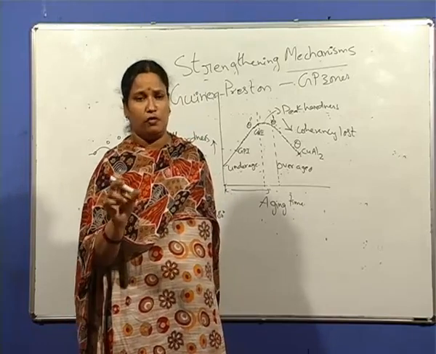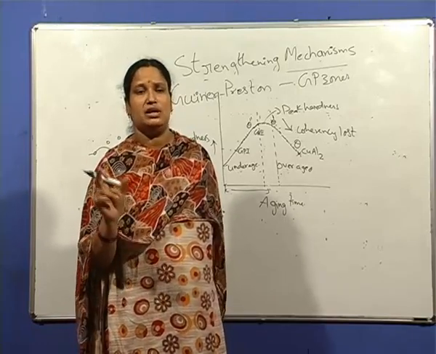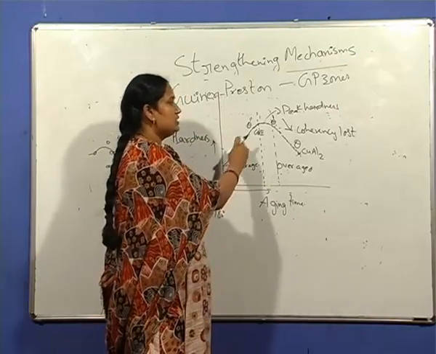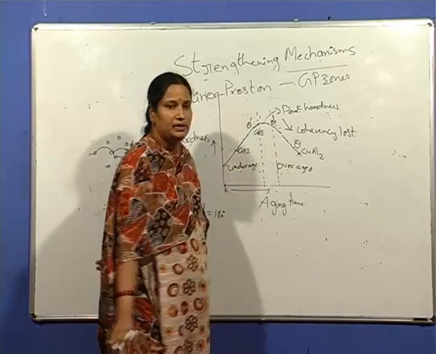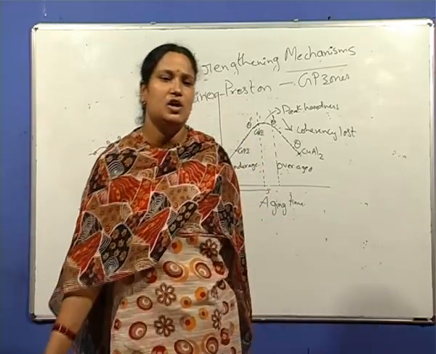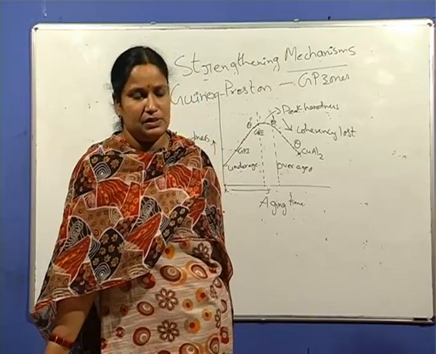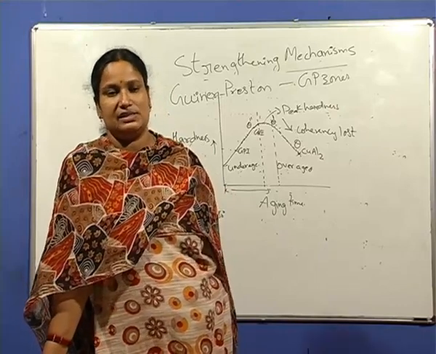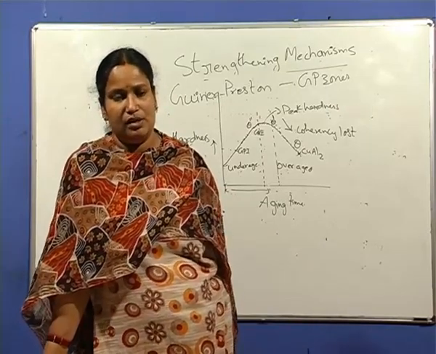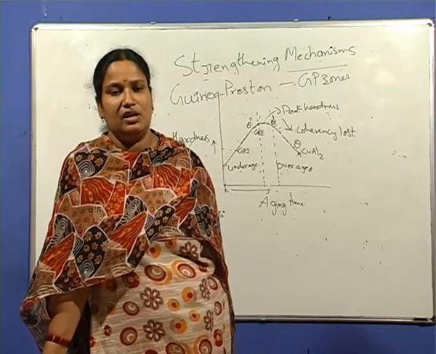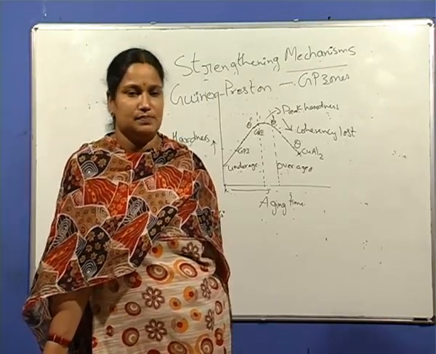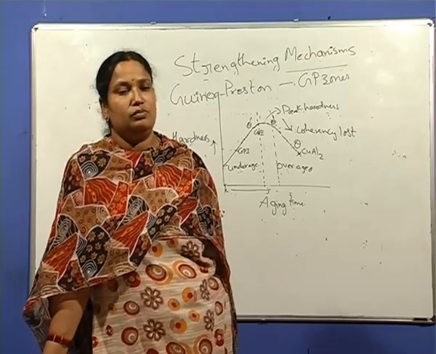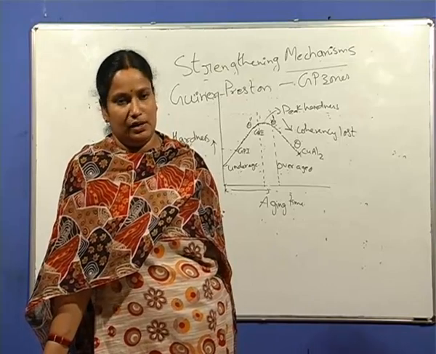GP1, GP2 zones are generally found in aluminum copper alloy systems, whereas in all other precipitation hardenable alloy systems we have the formation of a coherent precipitate where the strength increases, and with increase in aging time the coherency is lost and the precipitate undergoes coarsening and the hardness decreases. This is what is generally found in most precipitation hardenable alloy systems.